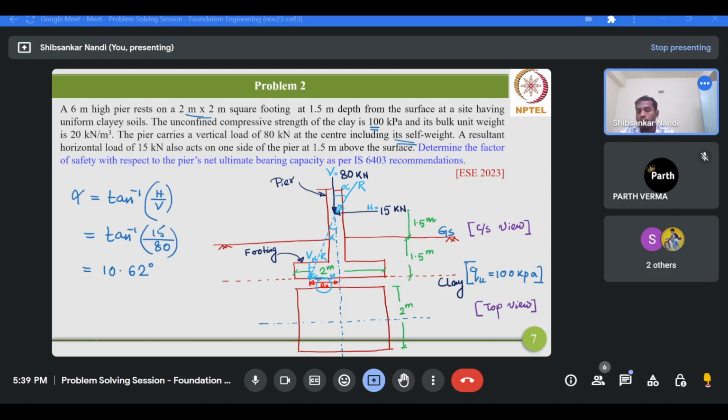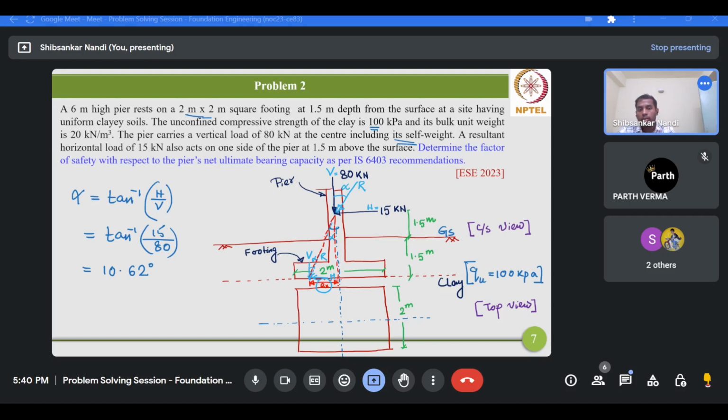We can calculate it from simple geometry. This angle is alpha, and this is basically a triangle. Let me use a different color. This triangle has a height of 1.5 plus 1.5, that means 3 meter.